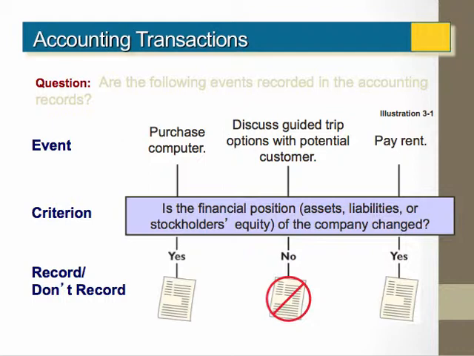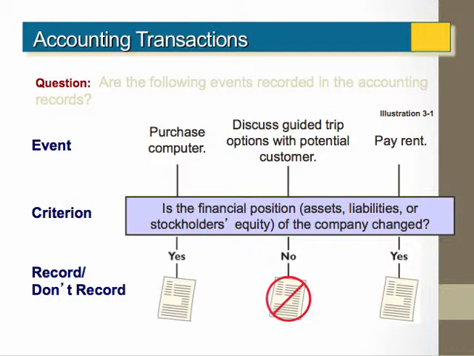So for instance, if I purchase a computer, I'm either using cash, an asset, or I'm using credit, a liability. In return for that cash or credit, I receive an asset of equipment, being the computer.